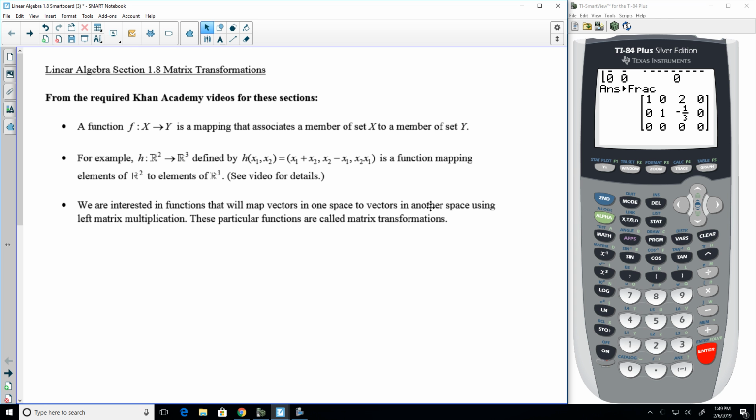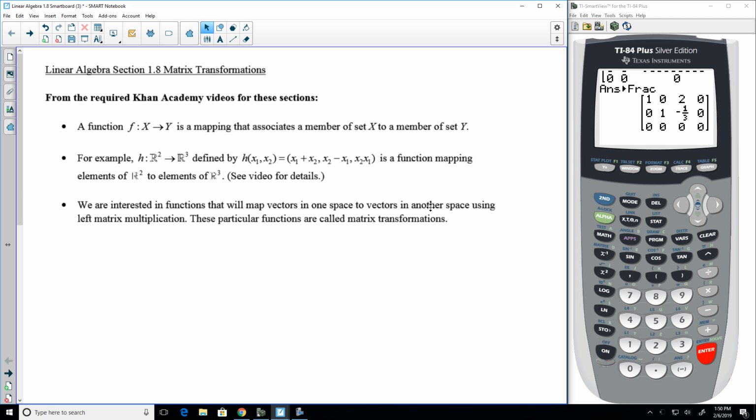So way back when, probably pre-Calc 1 or maybe earlier, you learned about functions. Functions have domain and range. Functions also have domain and codomain. And we have this notation to write functions just to state what's the domain and what's the codomain.